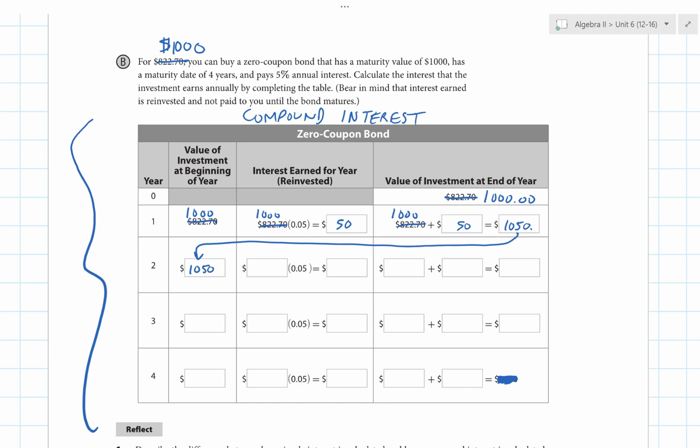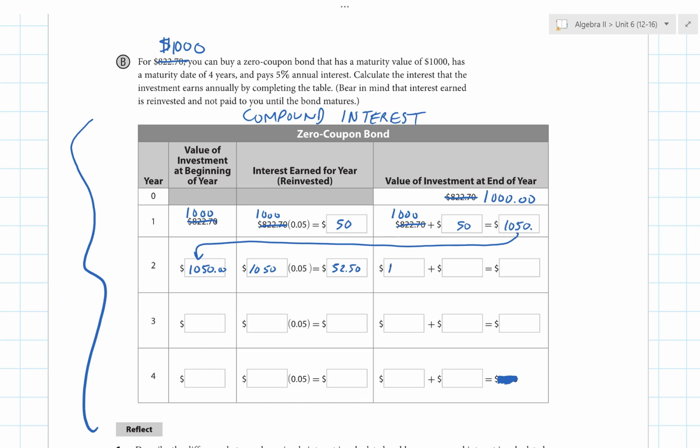So we start with $1,050, and we multiply by 5%, so 1,050 times 0.05. 1,050 times 0.05 is $52.50. And so notice in the second year we earned $2.50 more than we did the previous year because we have more money now earning interest.